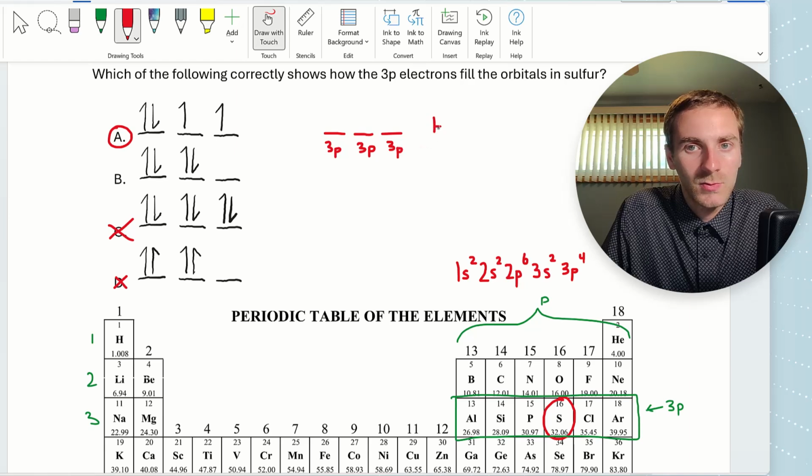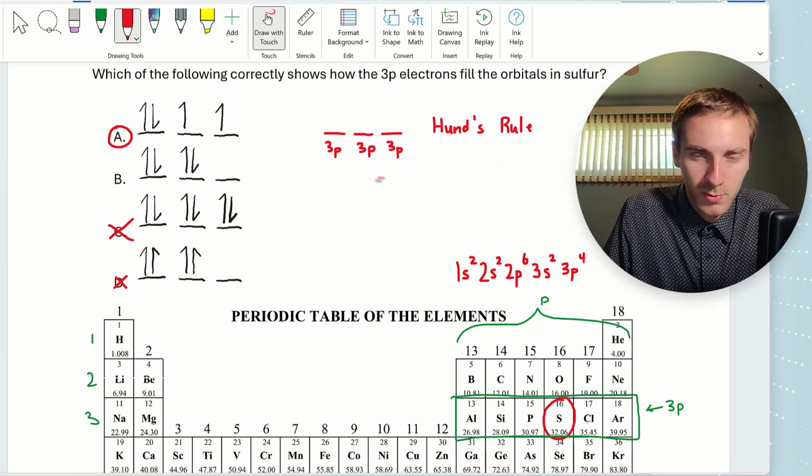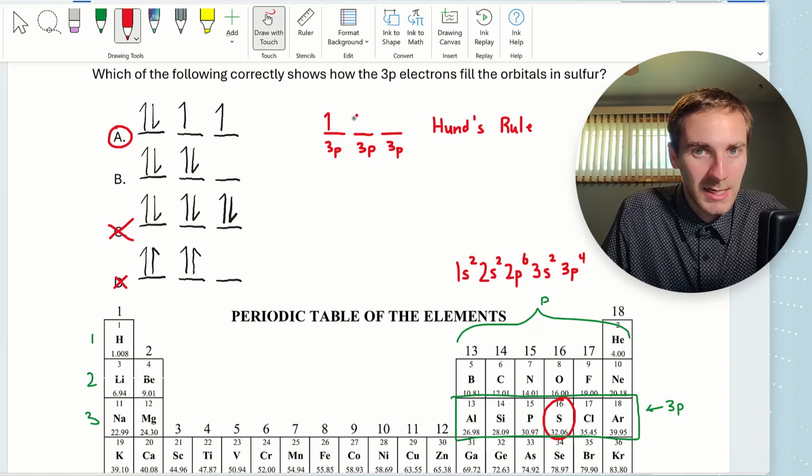So Hund's rule says that if you have multiple electrons filling these equal energy orbitals, they're going to fill one at a time first, and actually with the same spin, which is okay because they're in different orbitals.